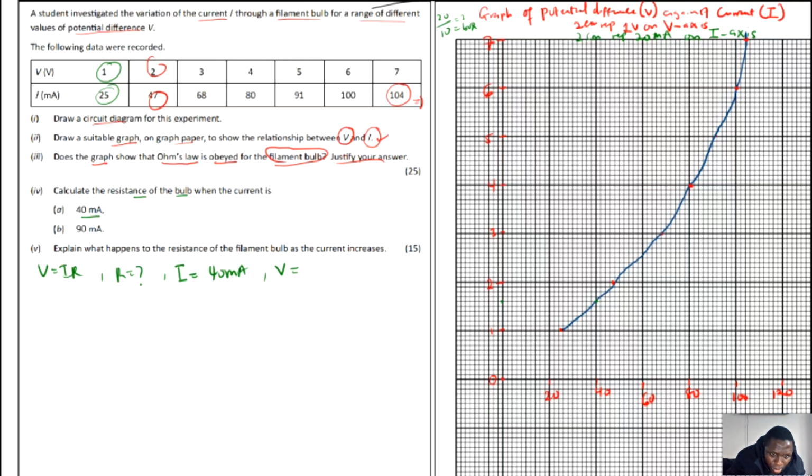If this is 1.1, 1.2, 1.3, 1.4, 1.5, 1.6, then your voltage is 1.6 volts. So at 40 milliampere we have 1.6 volts.